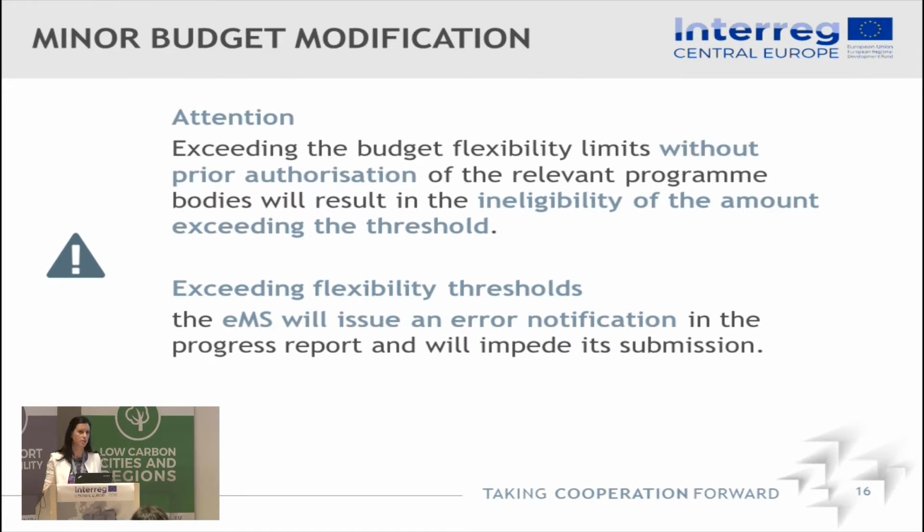So without requesting a major budget modification, you cannot go beyond these flexibility thresholds. And anyway, you would not be able to submit a report because the EMS would block the submission of the report if there's any modification above these flexibility thresholds.